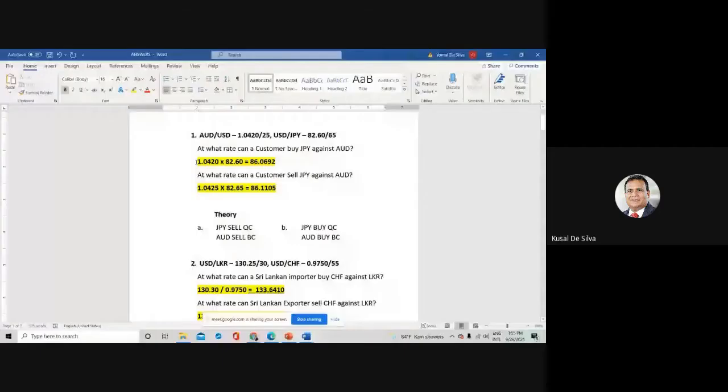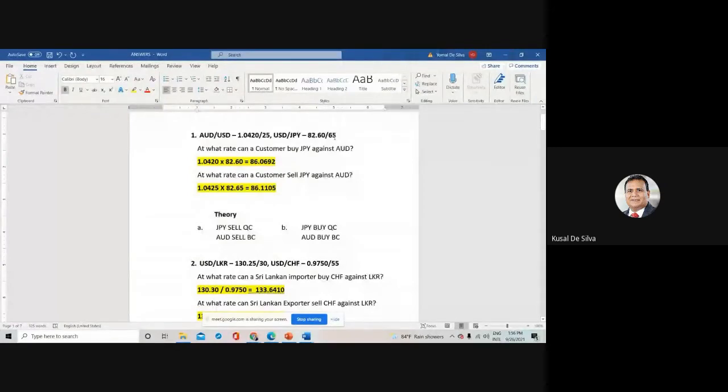At the rate at which the customer can sell JPY, what is JPY? Quoted currency. Then customer selling means the bank will buy the quoted currency using this rate. Then 65 is correct.